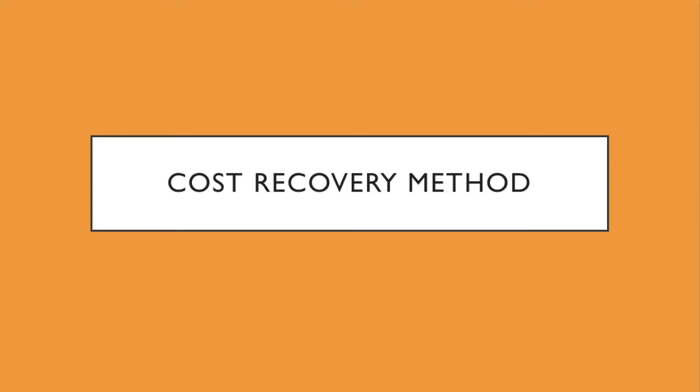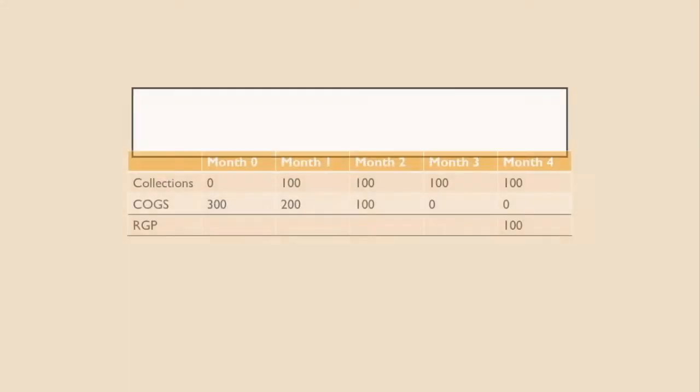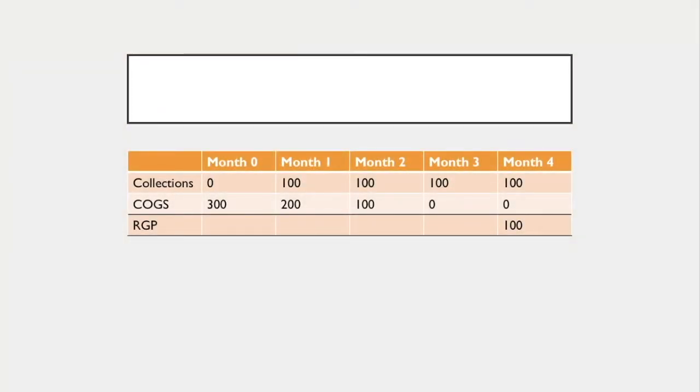Now we have cost recovery method. We will not really dwell on cost recovery method and gross profit method. So the concept of cost recovery method is this. Under cost recovery method, each collection is applied to the cost, and you will only recognize gross profit after the cost has been recovered.